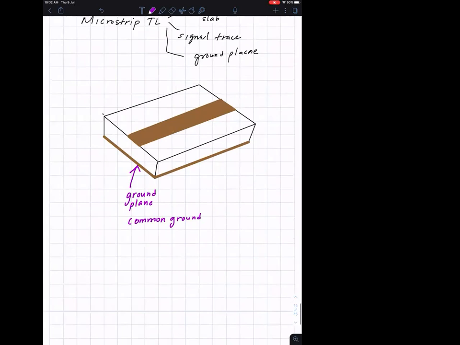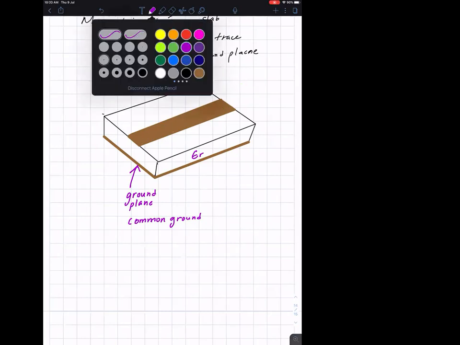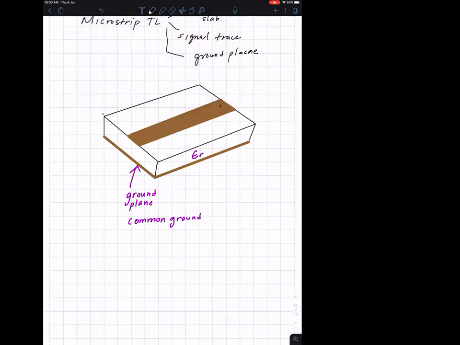And then this is the dielectric material, and then you have a signal trace here. Does this look familiar to you guys?